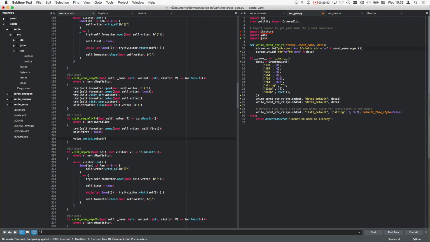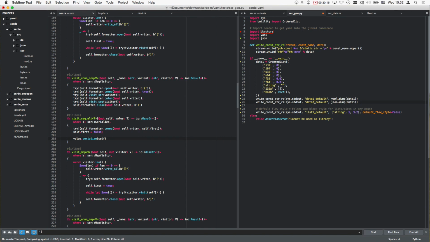So that's our data. It's supposed to be a string. And now we will do the dumping ourselves. So that's the JSON version, the YAML version, and that's the JSON version. And both should be fine.